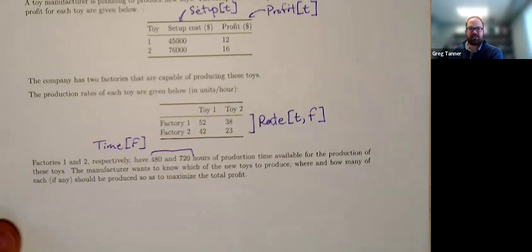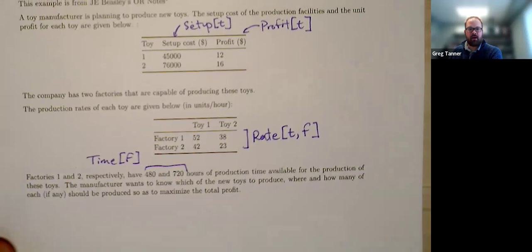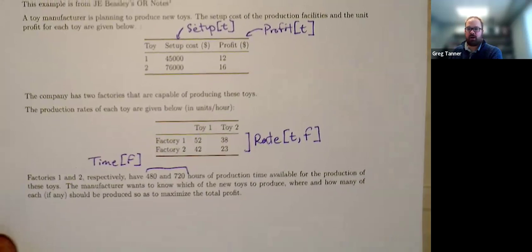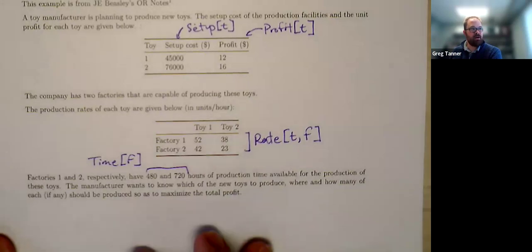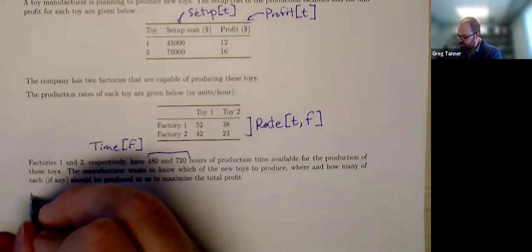Okay. And the goal is the manufacturer wants to know how many new toys to produce at which factory. So this is a scenario where we want to know not only should we produce a toy at a factory, but also how many. So it's a combination of how much, as well as the yes or no question of should toy T be produced at factory F. And so that will influence our choice of decision variables.